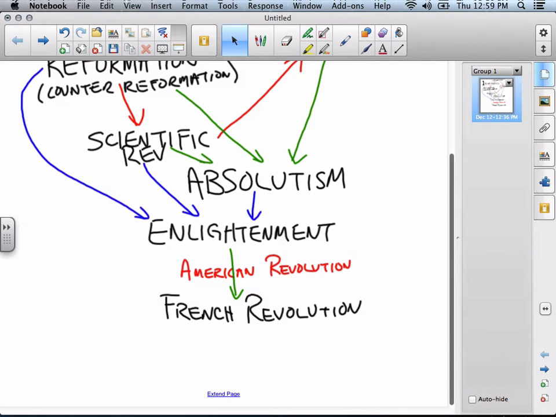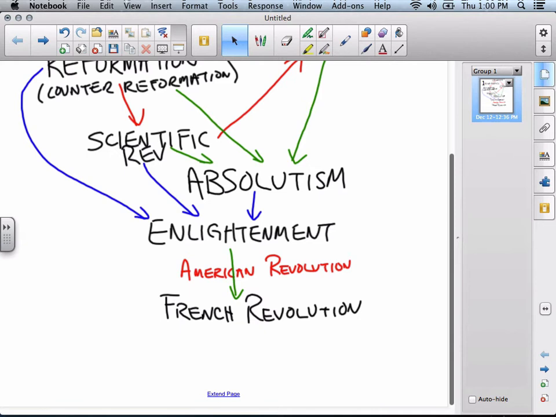That's right, because he hated England, and anything that would hurt England made him happy, and that is the principle of the enemy of my enemy is my friend. And so what does Louis XVI, the absolute monarch of France, do in order to help the Americans? He sends troops and ships and incredible amounts of money.